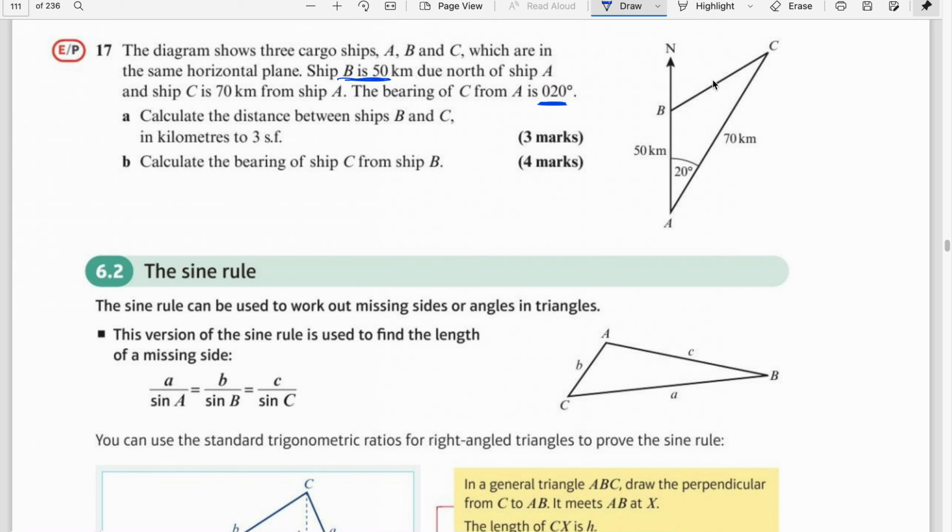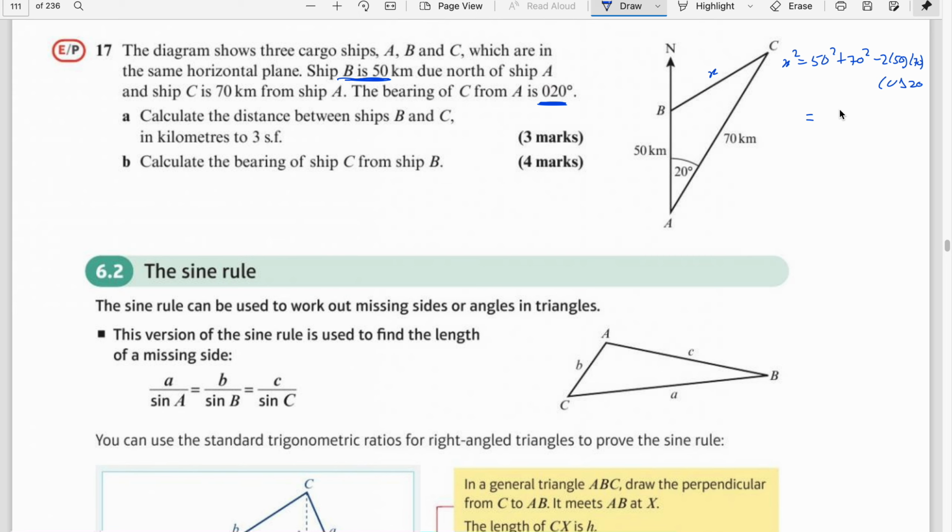So if I have to calculate this distance, I can see we have two sides, one included angle, and this side is unknown. So I'm using the cos rule for this, writing x squared equals 50 square plus 70 square minus 2 into 50 into 70 into cos of 20.